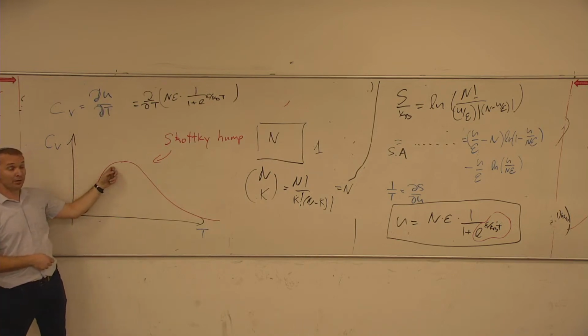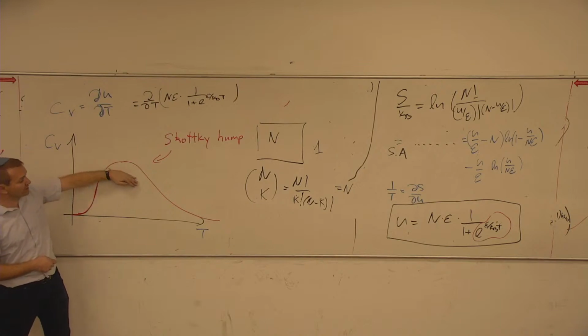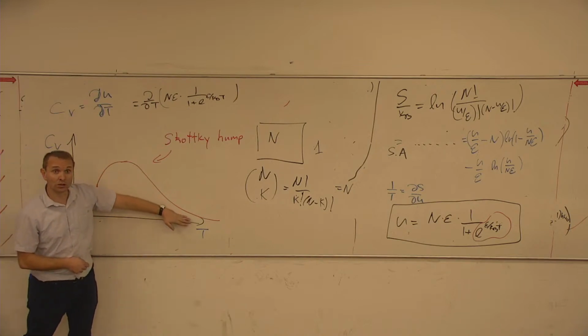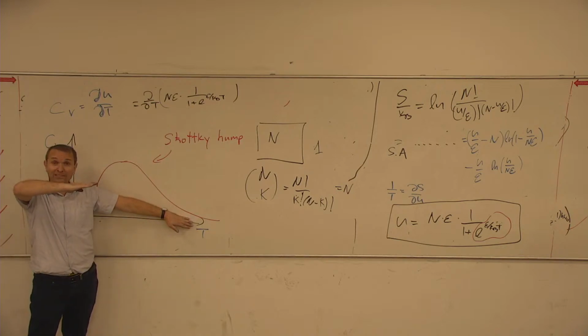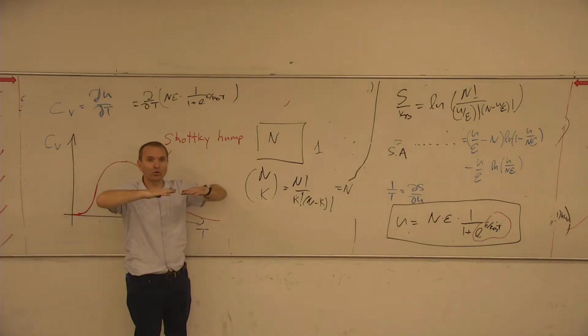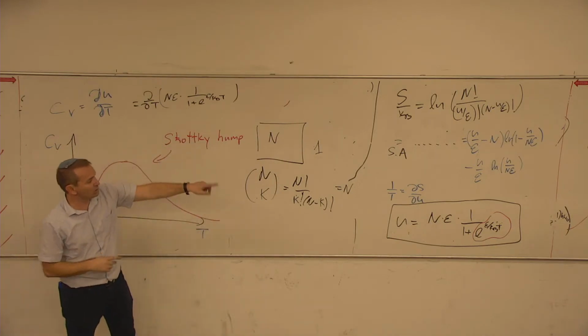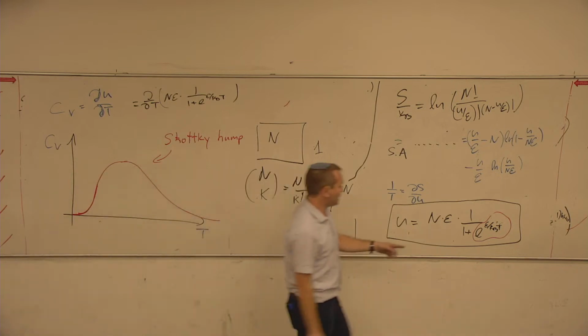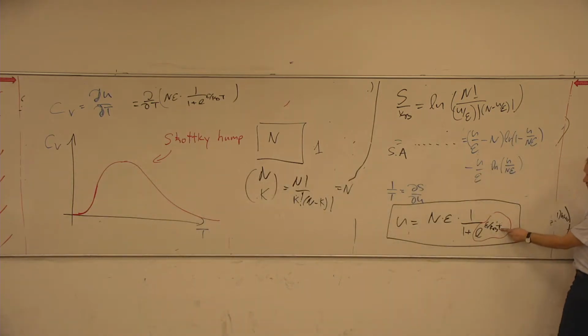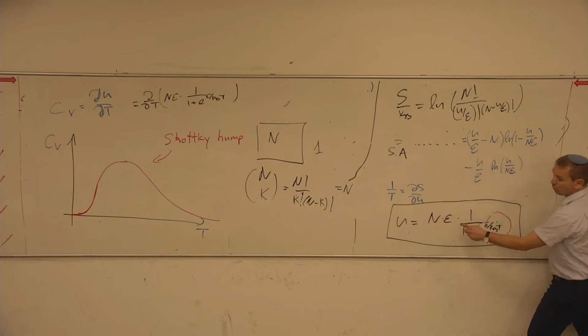This is fine. But what's going on for extremely high temperatures? What happens at the high temperatures, all of them are going to be excited, right? If my temperature is very, very high, according to this formula, when T is extremely large, U goes simply to what?